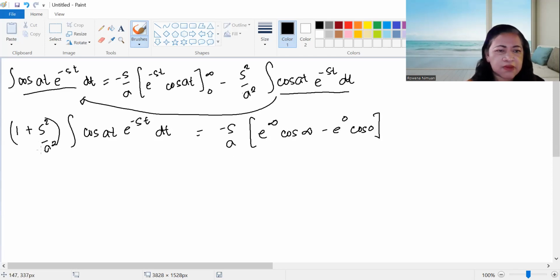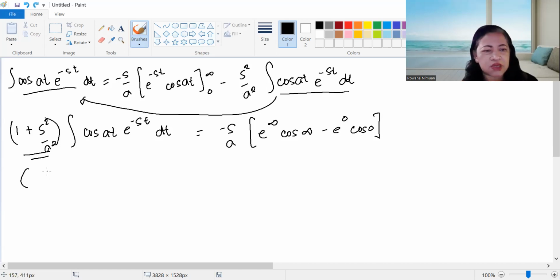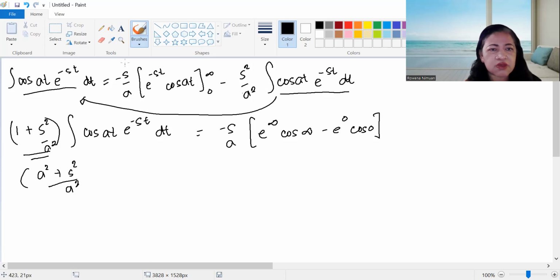If I make the common denominator, it is a squared plus s squared over a squared. So the integral goes back here with the original equation.